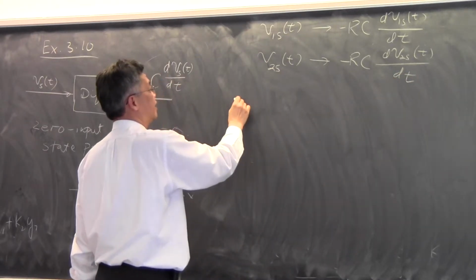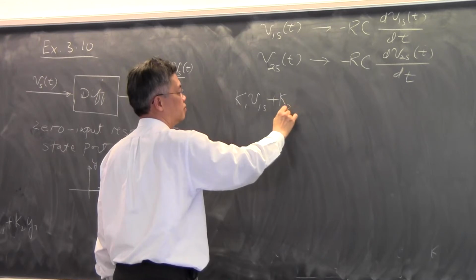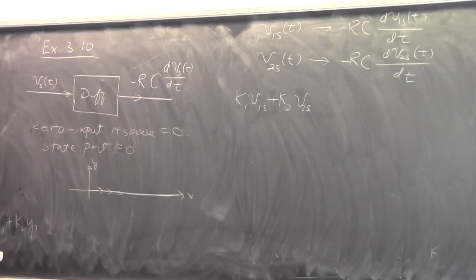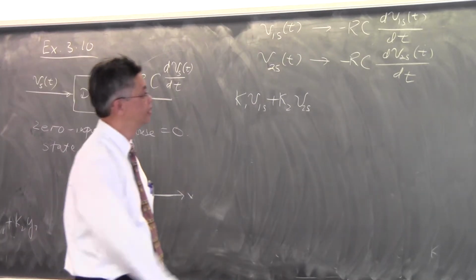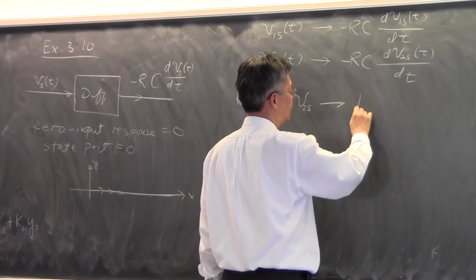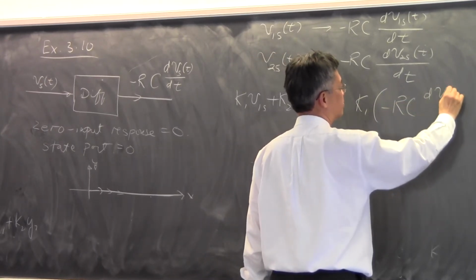And then it's quite clear that if the input is a linear superposition of the two previous inputs, then the output is just given by k1 times minus RC and so on. I'm not going to go through the algebra.